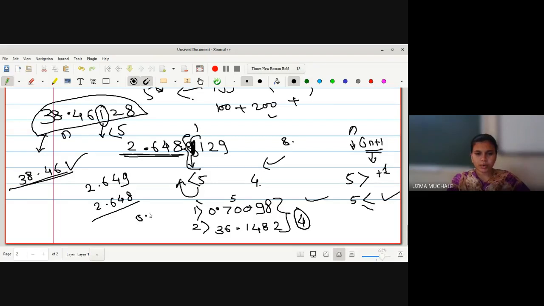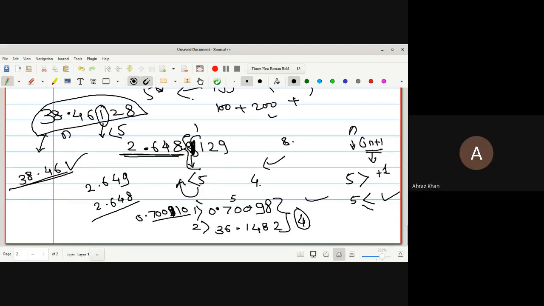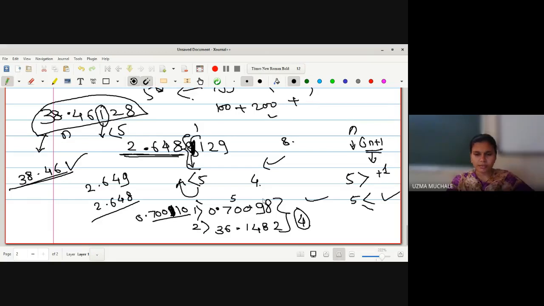So the result: 0.700 are 3 significant digits, then 9, and the next number is 8. So you have to add one more. So it will be 0.7010. At that time you need not count this 0 as a significant digit.